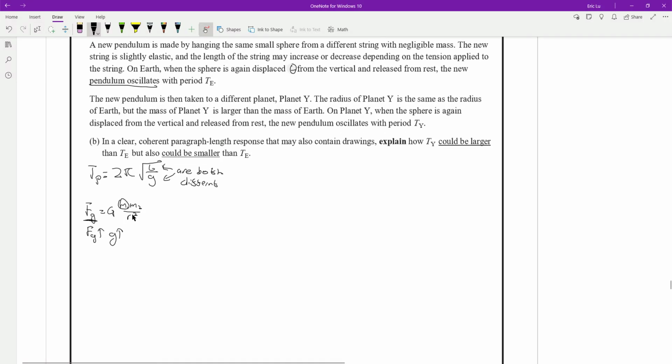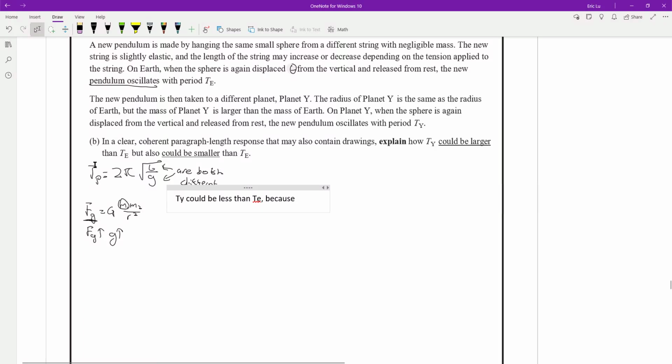So looking aside from the length, we could directly just write that the period Ty could be less than Te, because we know that the force of gravity on planet Y is greater.